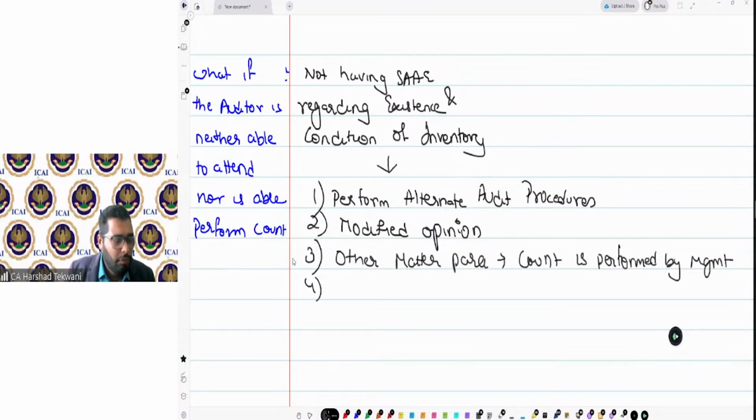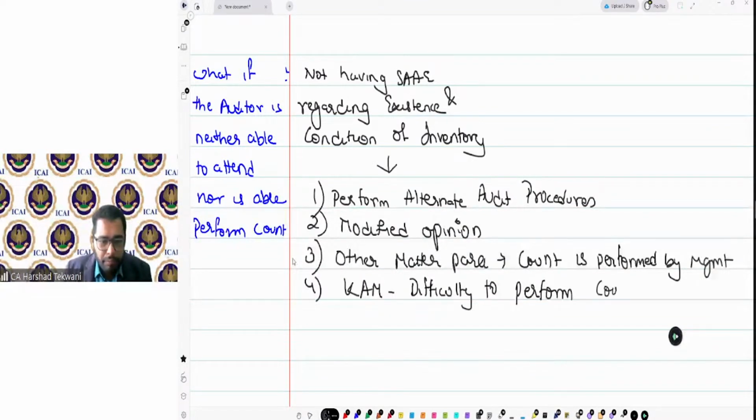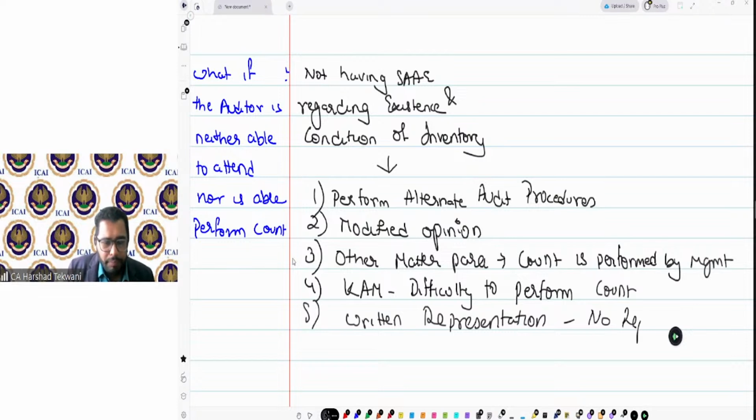Fourth, I will include a key audit matter on the difficulty to perform the count. Fifth, I'll obtain written representation, and that's it. No reporting along with that.